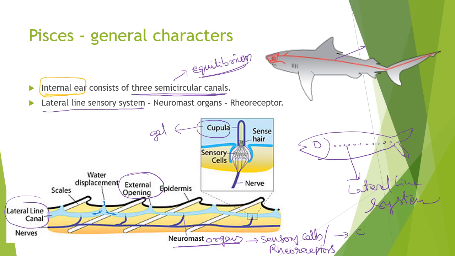So changes in the water currents can be detected with the help of these rheoreceptors. నీటిలో కలిగేటువంటి మార్పులను గుర్తించడానికి ఈ యొక్క సెల్స్ అనేవి ఉపయోగపడతాయి. అలాగే నీటిలో వచ్చేటువంటి మార్పుల్ని గుర్తించడానికి రియో రిసెప్టార్స్ ఉపయోగపడతాయి కదా.